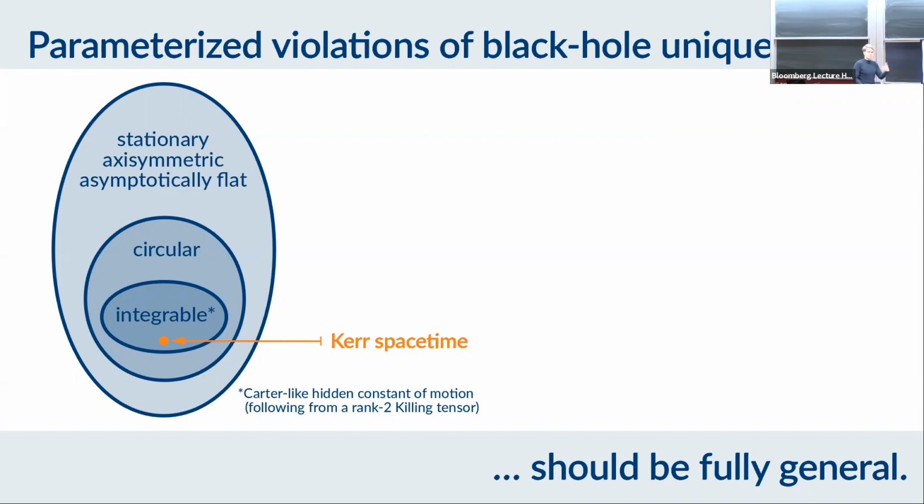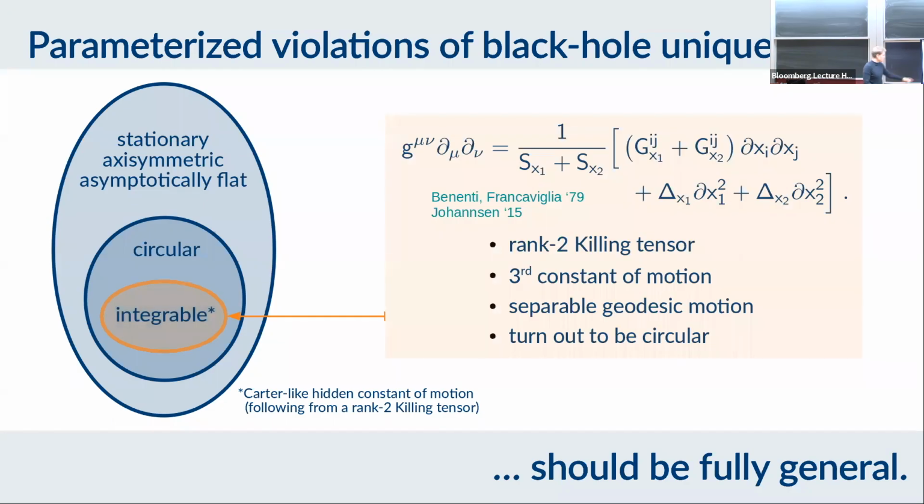And so if I want to construct the most general class of these integrable spacetimes, here's what it looks like. People have known this since the 80s. You can construct the general metric, and it has 6 free functions. They are all free functions of only a single coordinate.